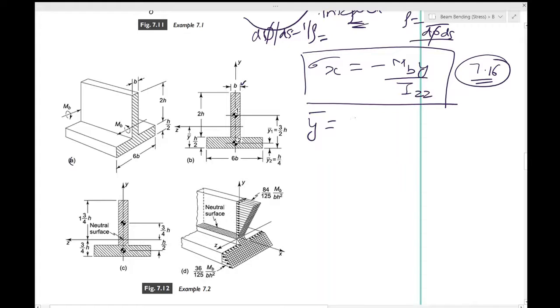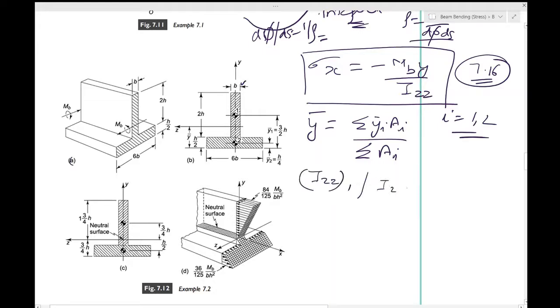So y bar is equal to the sum of yi Ai over the sum of Ai, where i will be 1 to 2. Okay, so you have to sum it over both cases, and this you can find out. And once this is done, you can use the parallel axis theorem to find IZZ1, then IZZ2. Again, we are not going through the details of it because it is assumed that you would be very good at it after doing APL 100.